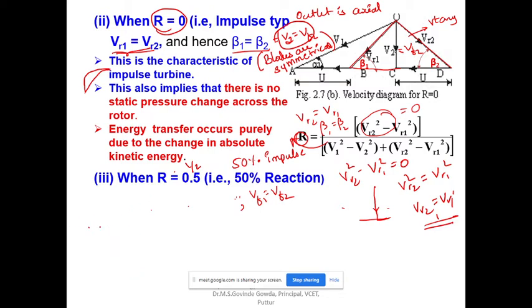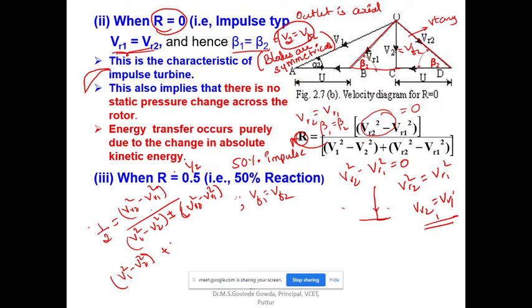Now in place of R, substitute 1 by 2. 1 by 2 equals VR2 square minus VR1 square, whole divided by V1 square minus V2 square plus VR2 square minus VR1 square. Correct? Now cross multiply: 2 times VR2 square minus VR1 square equals V1 square minus V2 square plus VR2 square minus VR1 square.